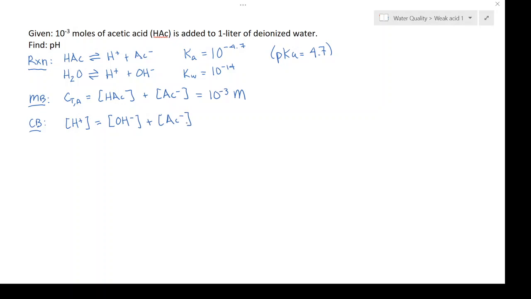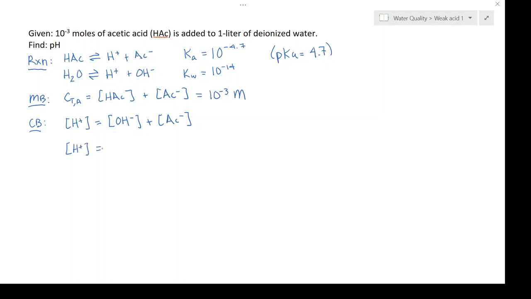That's it. The next step is to make replacements for the ions using the equilibrium constants and also the alpha equations. Our variable here is going to be hydrogen ion, so I'll leave that here.